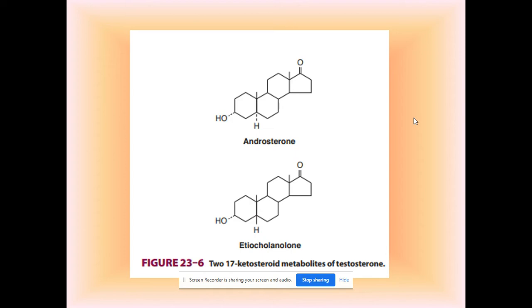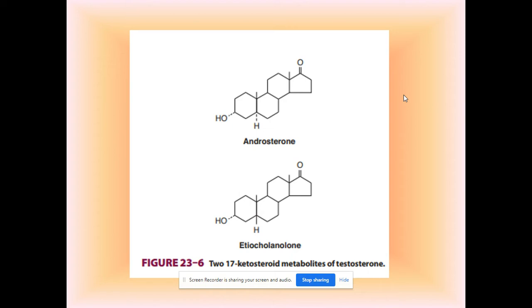This figure shows that a small amount of circulating testosterone is converted to estradiol, but most of the testosterone is converted to 17-ketosteroids, principally androsterone and its isomer etiocholanolone, and excreted in the urine. About two-thirds of the urinary 17-ketosteroids are of adrenal origin, and one-third are of testicular origin.